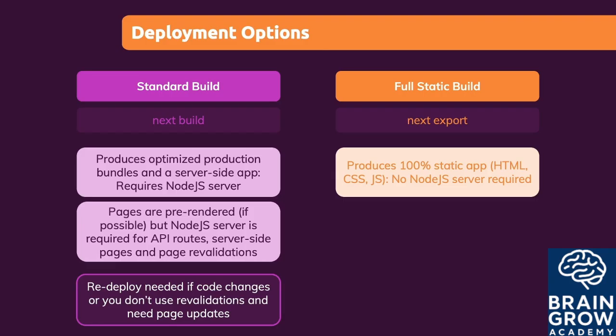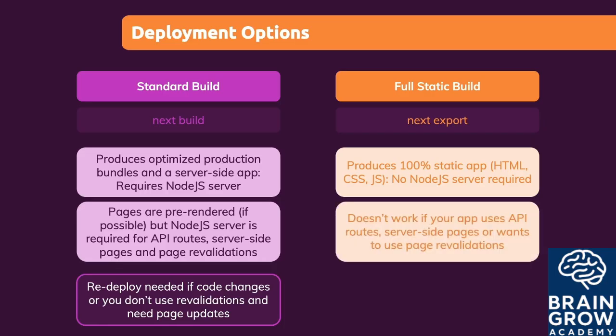Since it spits out a 100% static app, there are certain things, certain Next features, which you just can't use in such an application. For example, you can't use next export if your site relies on API routes, on server-side pages with getServerSideProps, on page revalidations, or if you have static paths with fallback set to true or blocking.